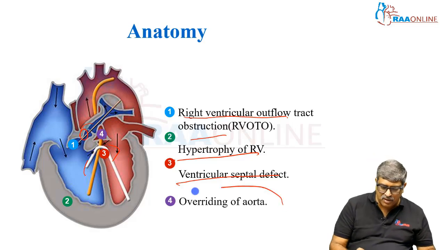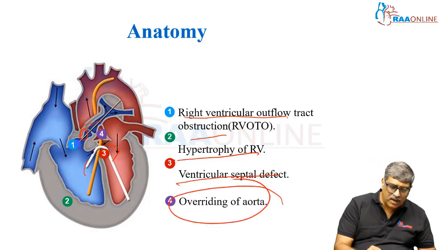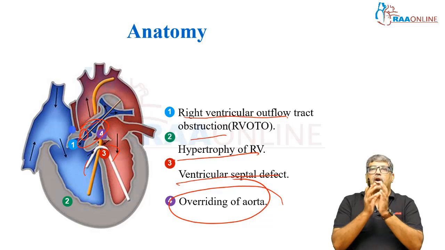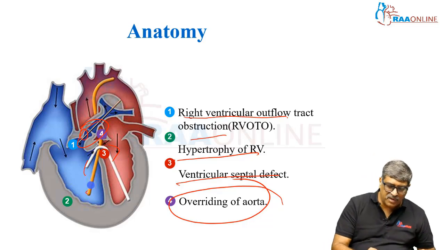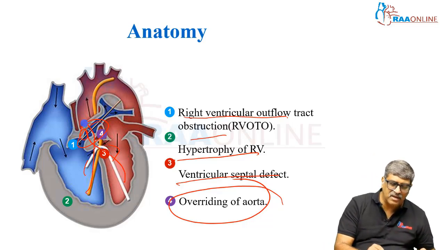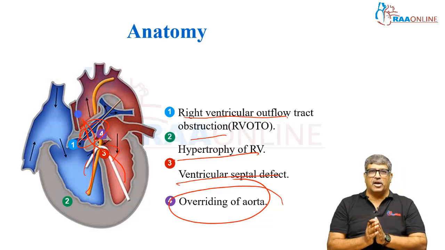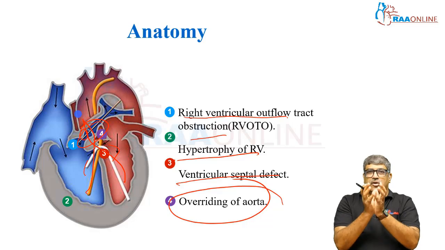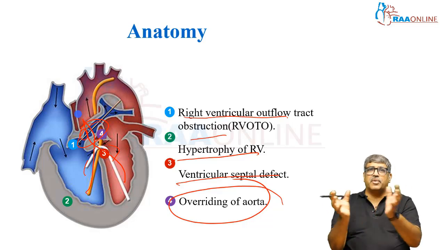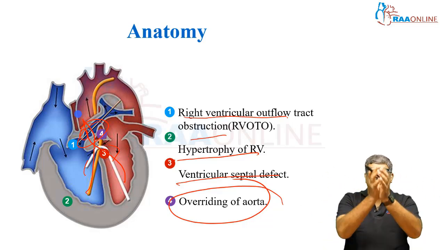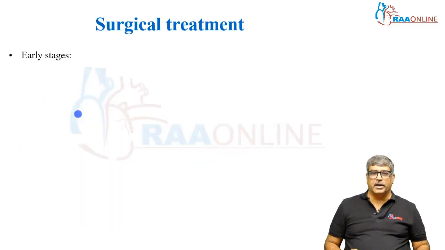And the fourth important part is the overriding of the aorta. What do you mean by overriding? The blood from the right ventricle as well as the left ventricle via the VSD goes into the aorta. So, the aorta receives a mixture of blood from the right and the left ventricle due to the overriding.